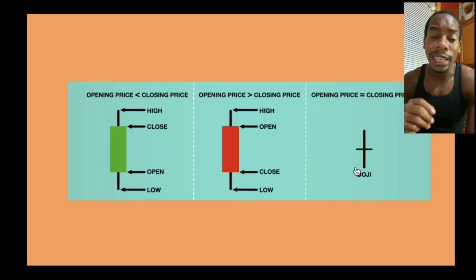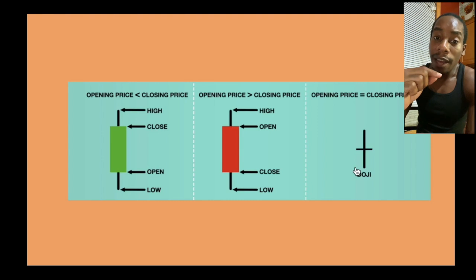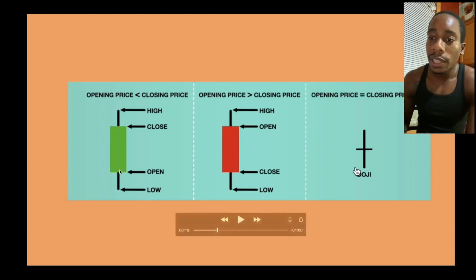Now, if you understand the action of the candlestick, the green part of the candlestick is that it moves upward. So you notice at the bottom, the bottom of the wick is the low price. Then the bottom of the green part of the candlestick here is where it actually opens.